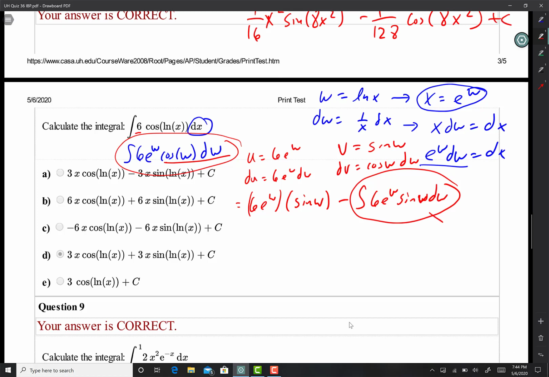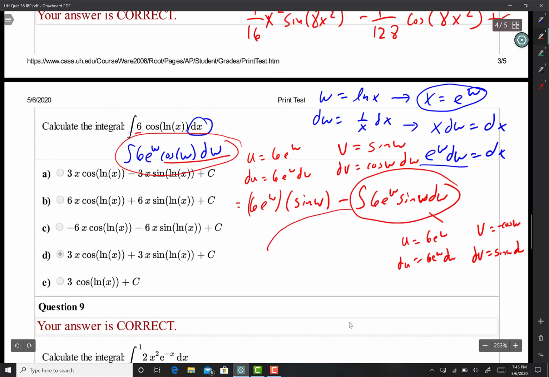Again, my u is going to be 6e to the w, so du is going to be 6e to the w dw. My dv is going to be, this time, sine w dw, so my v has to be a negative cosine w.